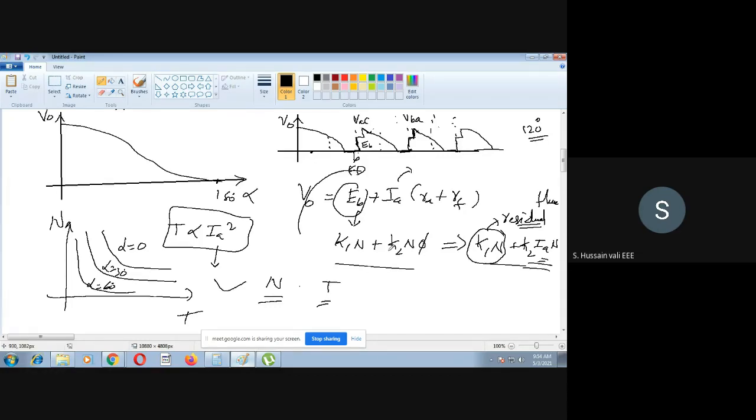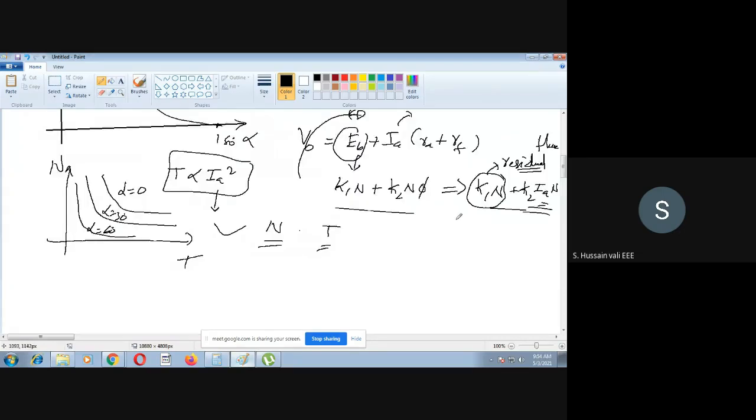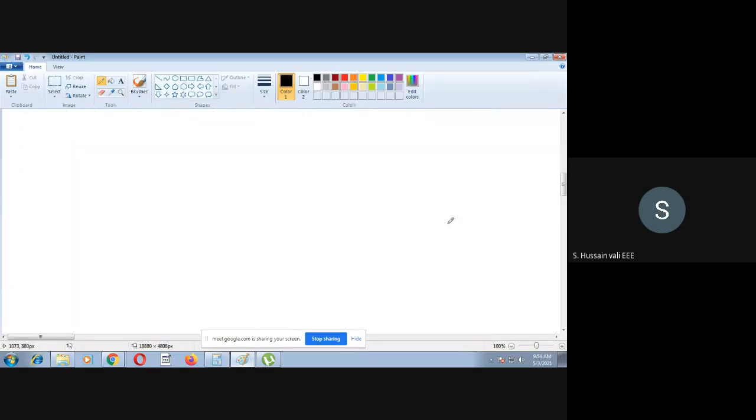Then we will jump to the next thing: the same motor but with a full converter. We will see the three phase full converter fed DC series motor.